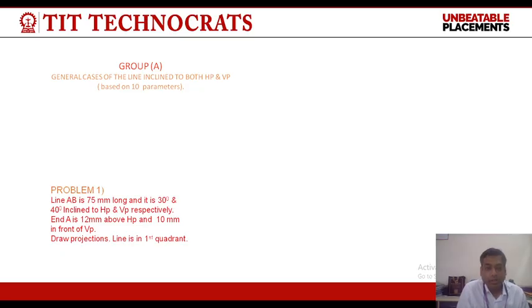So, in this we are given the true length of the line, that is 75 mm, and the angles of inclination with HP and VP, that is theta and phi. Theta is given as 30° and phi is given as 40°. And the position of point A is given as 12 mm above HP and 10 mm in front of VP.